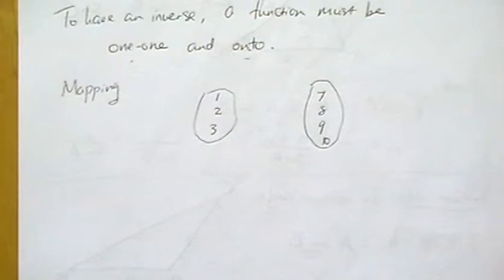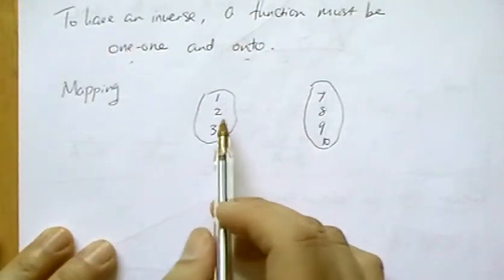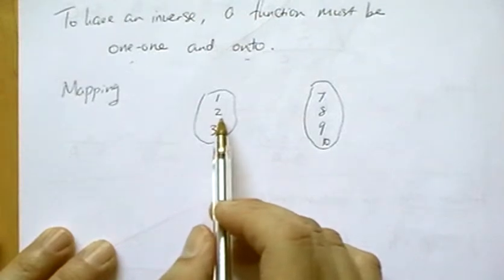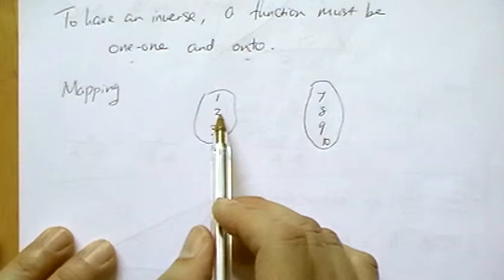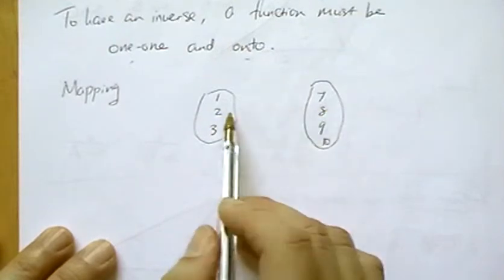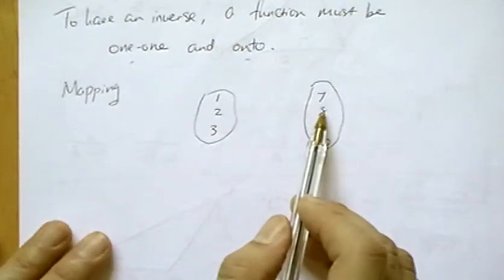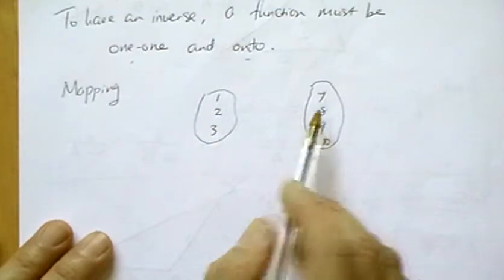Two sets of numbers, and the idea of a mapping is just a rule to relate a number from one set to a number in the other set.